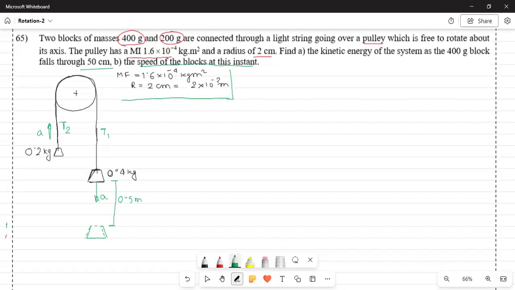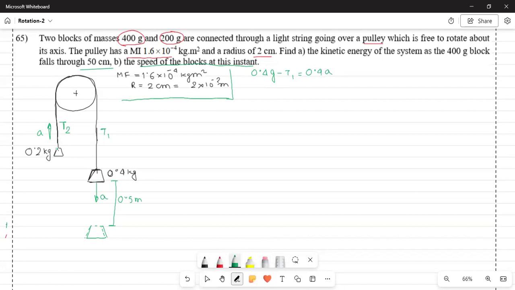So what is its downward force? 0.4 G. I hope I don't have to write all these things once again. 0.4 G is the downward force. Upward force is T1. This is equal to mass into downward acceleration, 0.4 A.